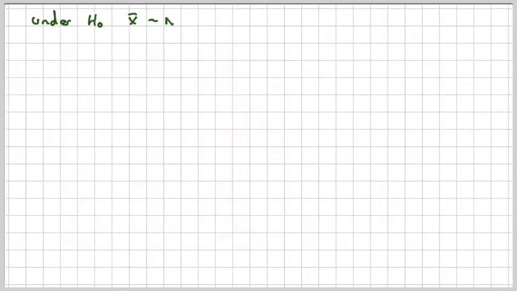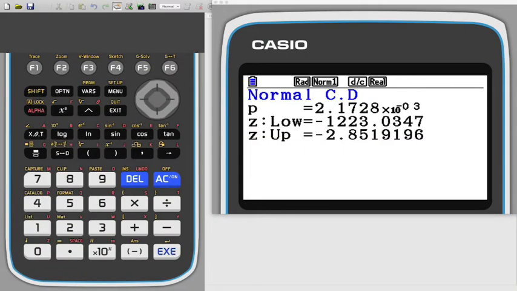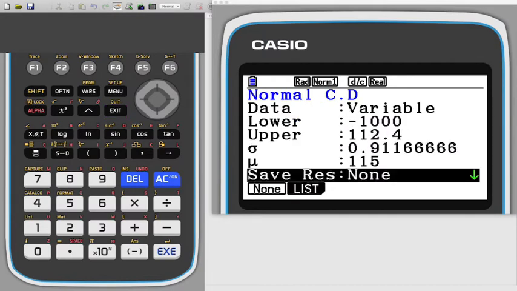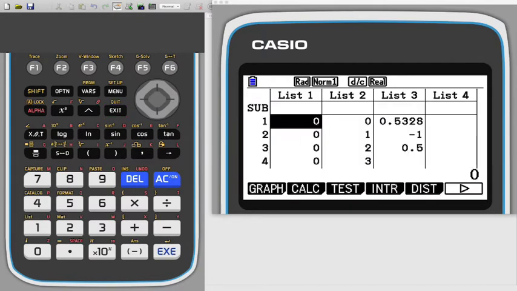Okay, so under H0, what would be the rejection criteria? To find the rejection criteria for two-tailed tests at the 5% level, if you had to calculate it manually, go to your calculator. Go to F5 distribution, F1 normal, inverse, which is F3.